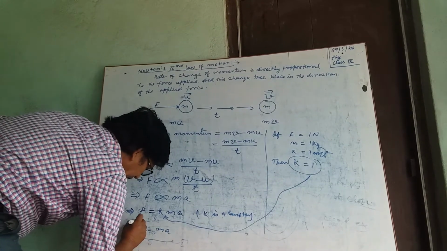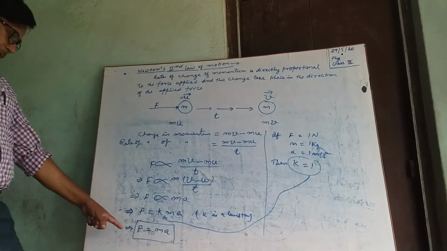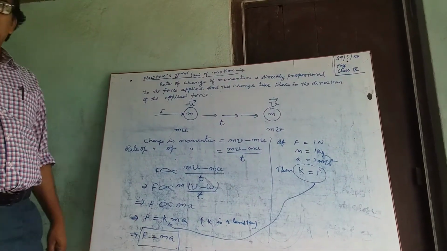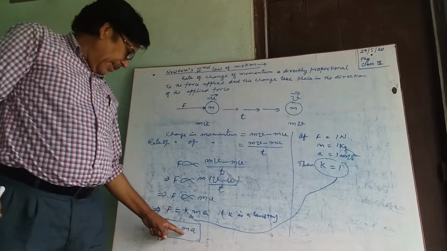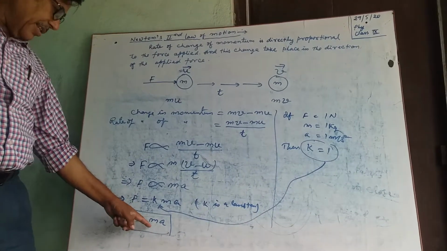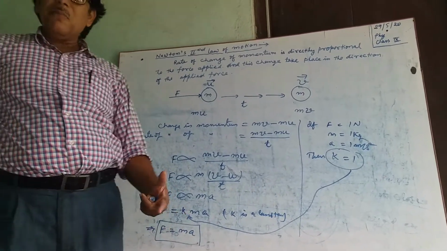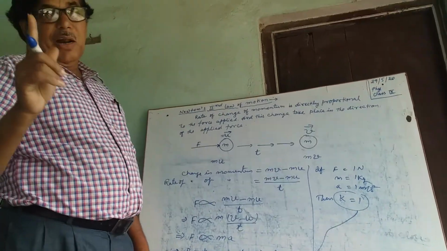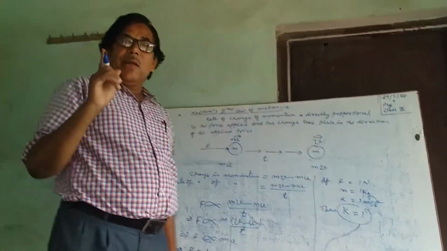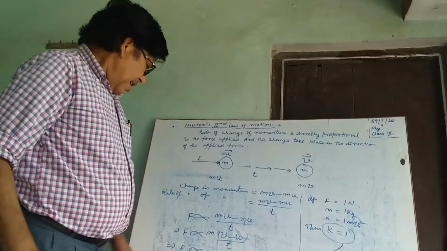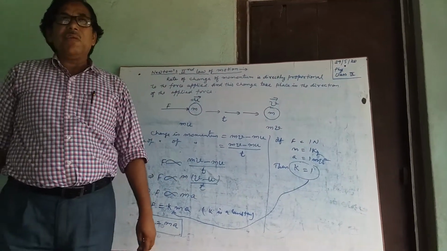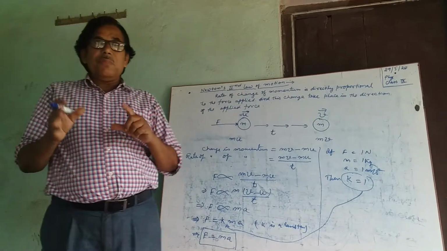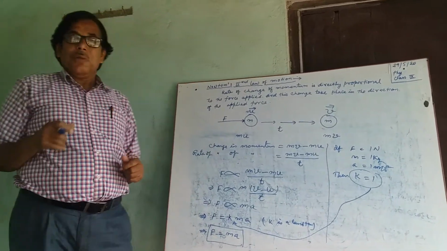By using this formula, we can calculate the force applied, mass, or acceleration. If two are given, you can calculate the third. From the second law of motion, we get the measurement of force.